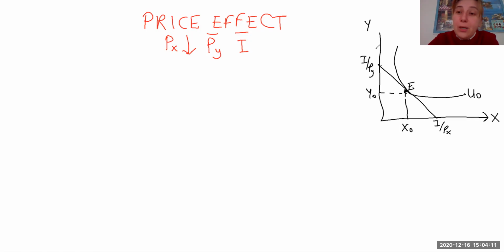Okay. Because there is no change in the vertical intercept, the budget line will rotate to the right. So the horizontal intercept will go right.